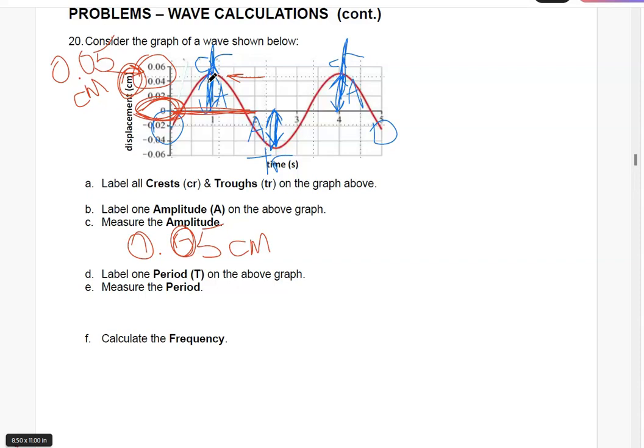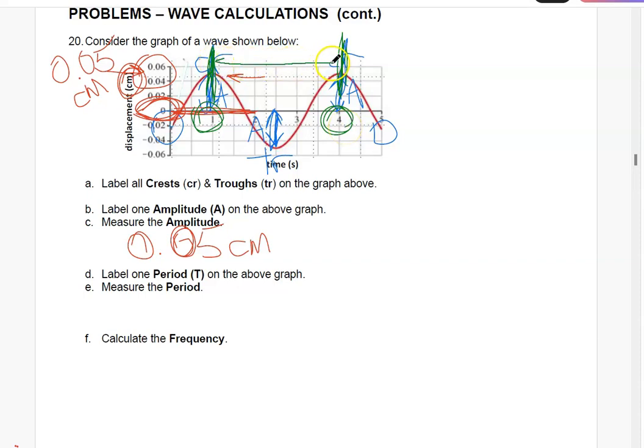So we have to find one cycle. Well, a cycle would be the length between two consecutive crests or two consecutive troughs, but we only have one trough in here, so we have to use the crests. So it's essentially the amount of time between this crest and this crest. And you'll notice the first crest is at the 1 second marker, and the second crest is at the 4 second marker.